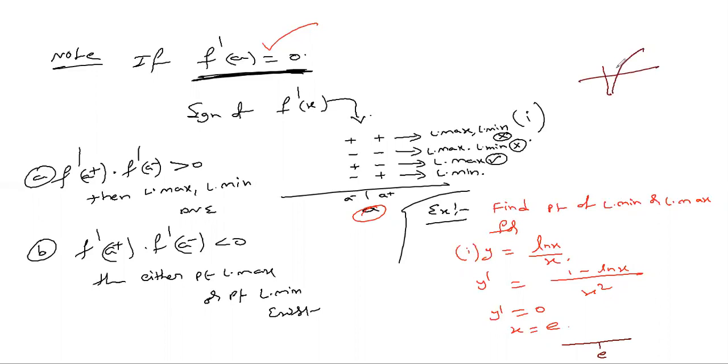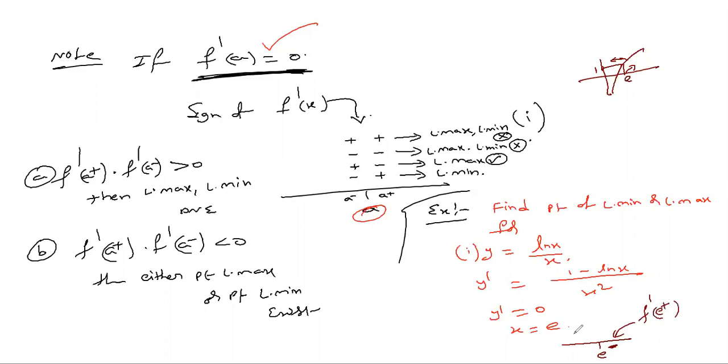At e, it gives 1. At more than e, it gives more than 1. Whenever it is more than 1, clearly it is negative. If I keep negative here, it is nothing but f'(e+).